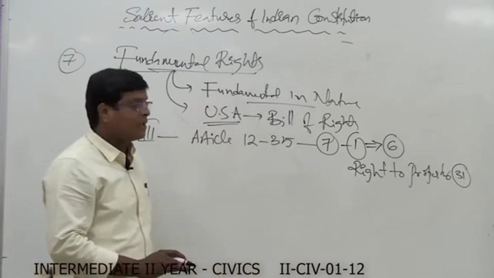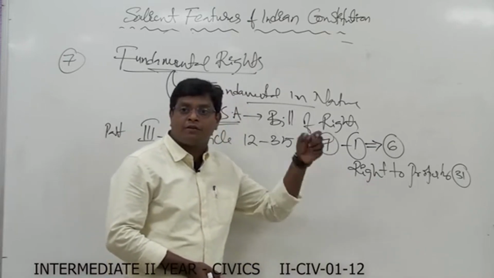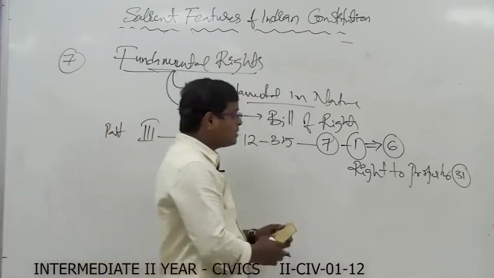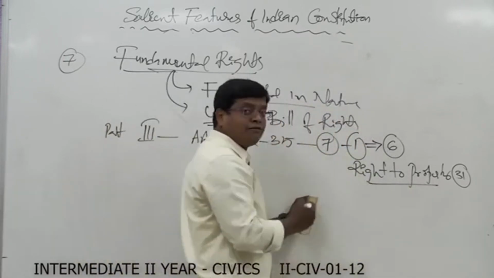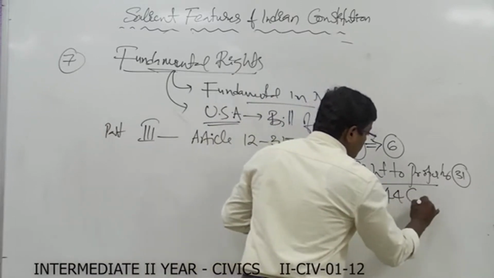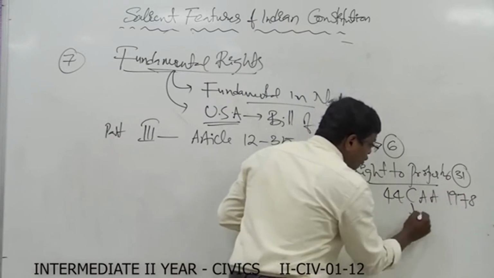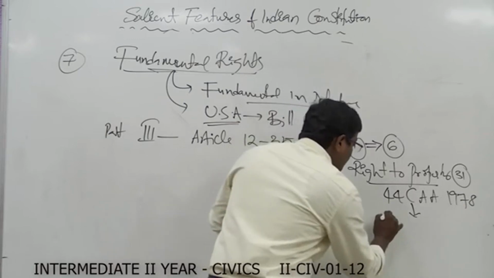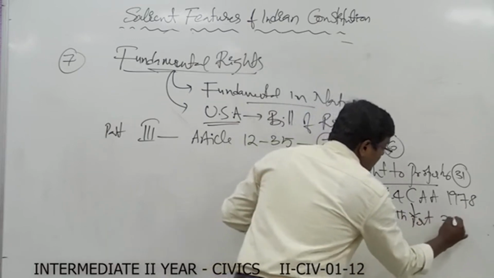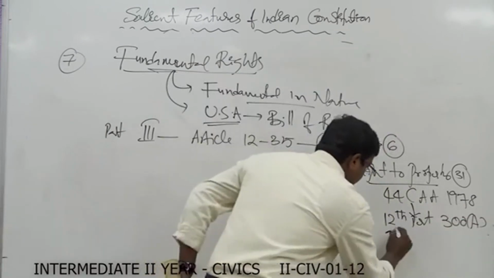It was deleted from the list of fundamental rights by the 44th Constitutional Amendment Act in the year 1978 and incorporated in Part 12 of the Indian Constitution, under Article 300A, as a legal right.